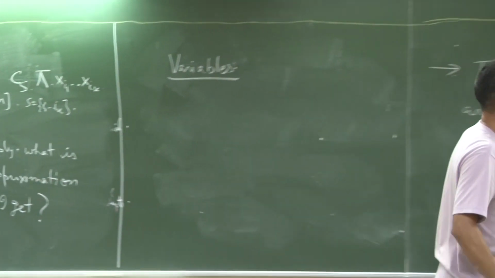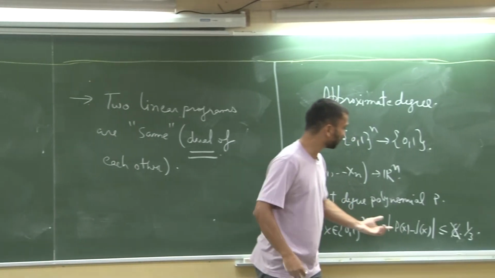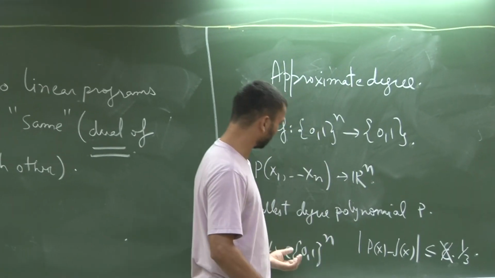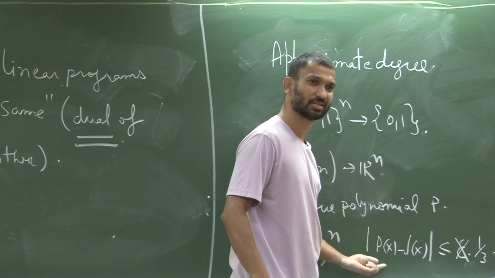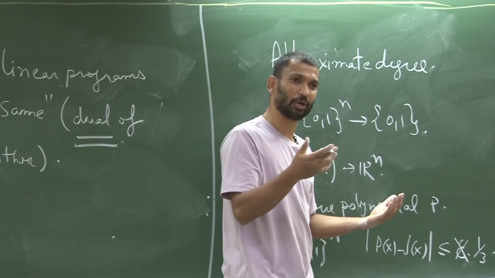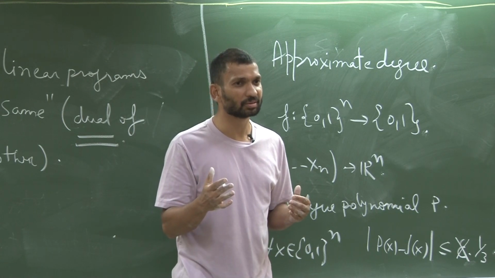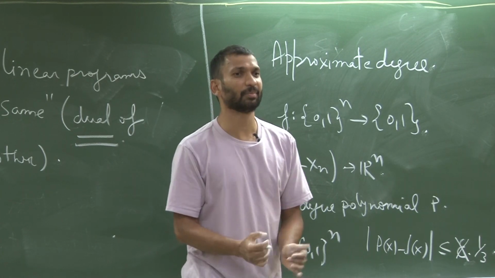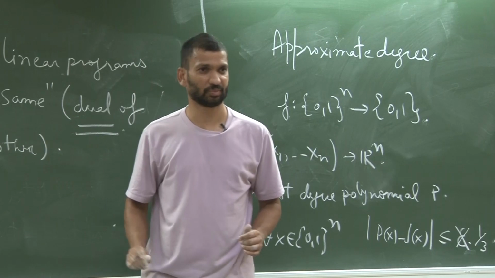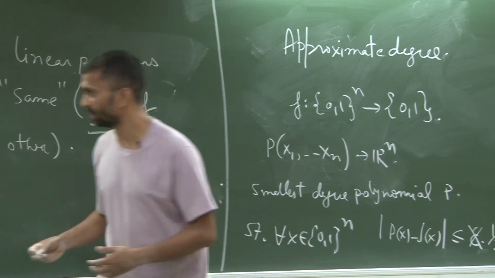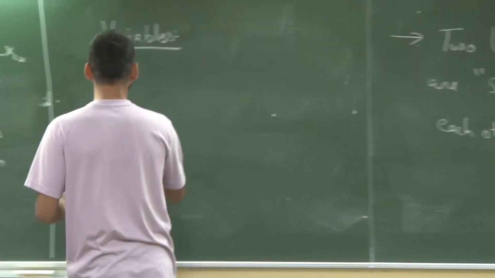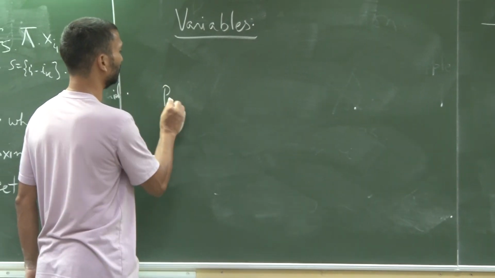So best possible approximation is like the maximum value of this for any degree d polynomial. So I'm not worried about how big my linear program is, but is there a linear program which captures that problem, right? So you can think of it as, what is the error for a polynomial p?